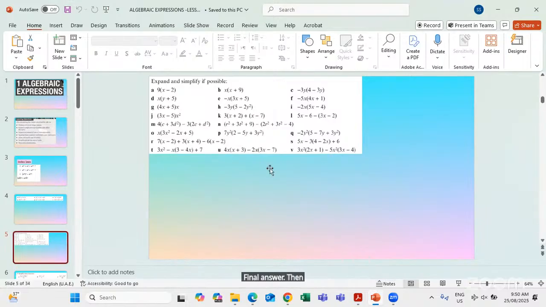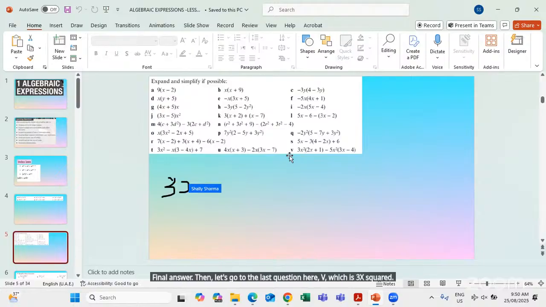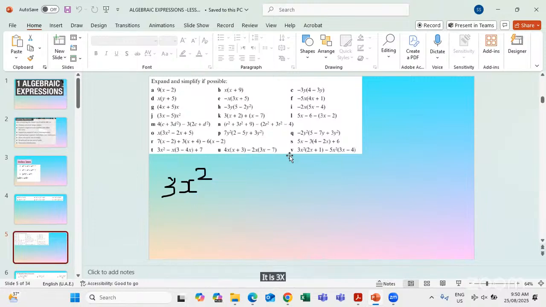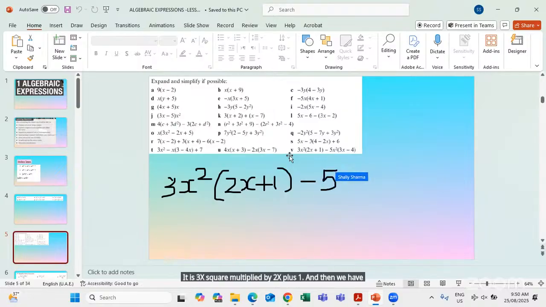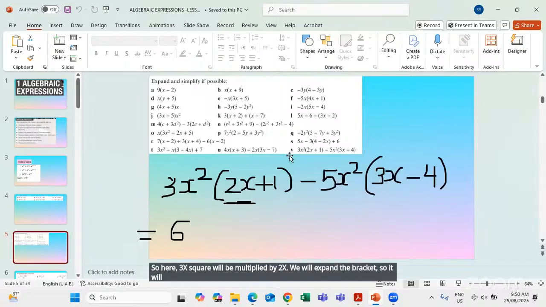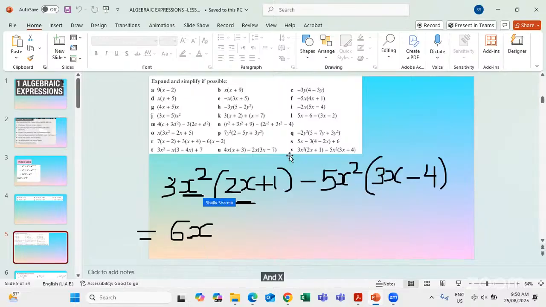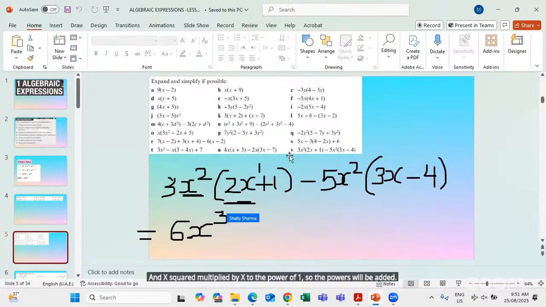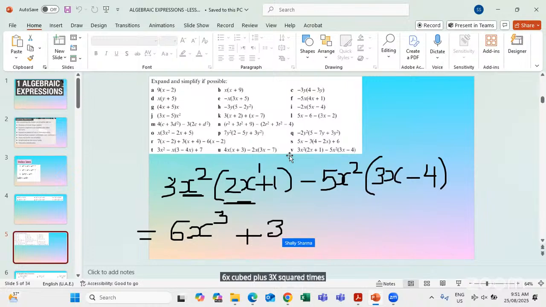Then let's go to the last question here, V, which is 3x squared multiplied by 2x plus 1, and then we have negative 5x squared times 3x minus 4. So here 3x square will be multiplied by 2x. We will expand the bracket, so it will be 6, and x square multiplied by x to the power of 1, so the powers will be added: 6x cubed, plus 3x squared times 1, which is 3x squared.